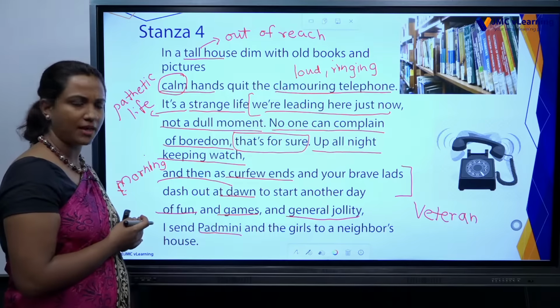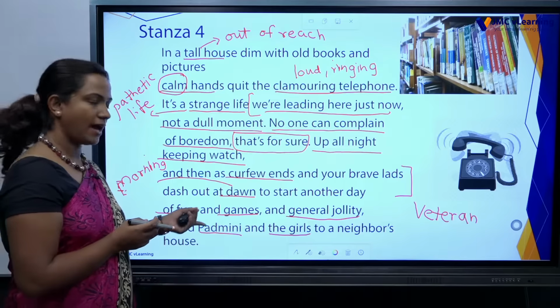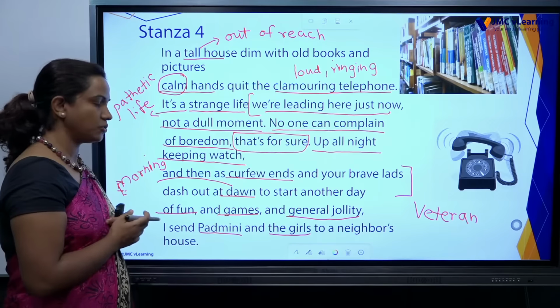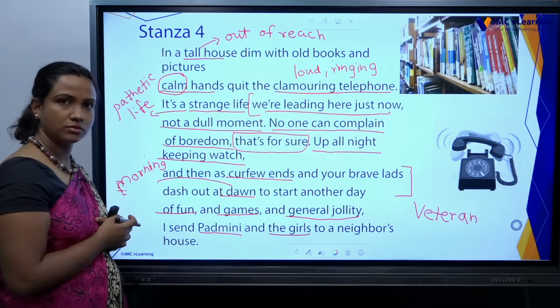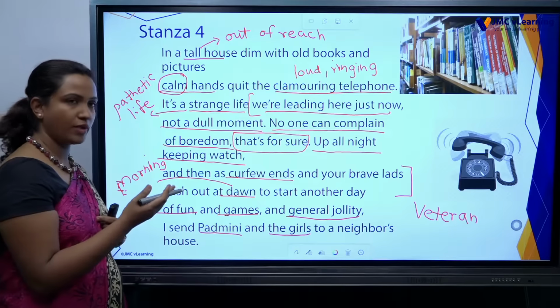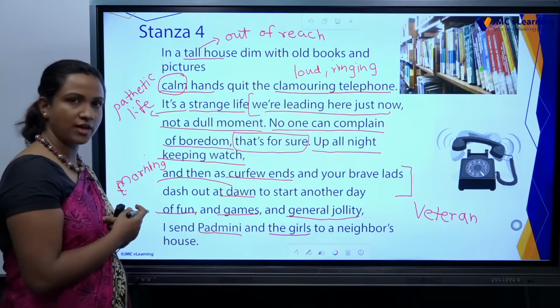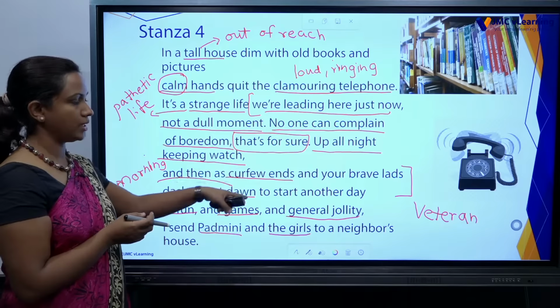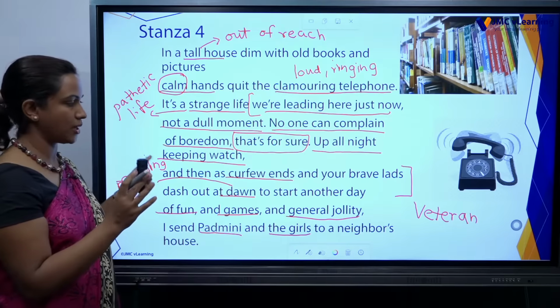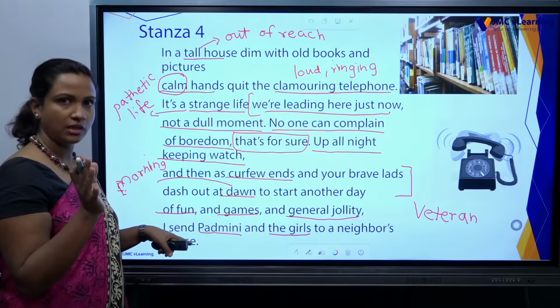His wife maybe, and the girls maybe his daughters. Where has he sent them? To the neighbor's house, the next house, because he wants to get away from the reality that is coming. He is up all night to see if someone is coming. But others who are in power, they are having a general jollity. But he sent his wife and daughters to the neighbor's house.